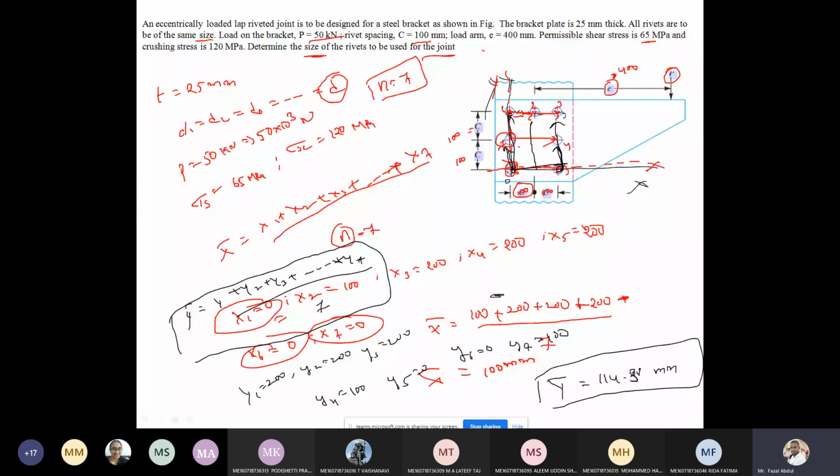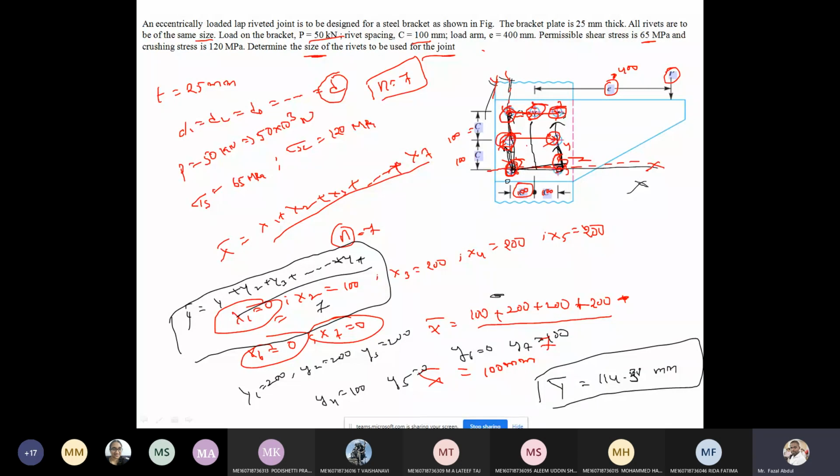How many secondary shear forces? There are seven secondary shear forces. First one is F1 here, F1, F2, F3, F4, F5, F6, F7. Seven secondary shear forces are there.